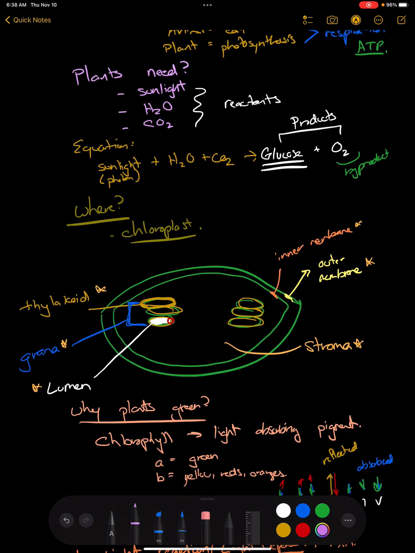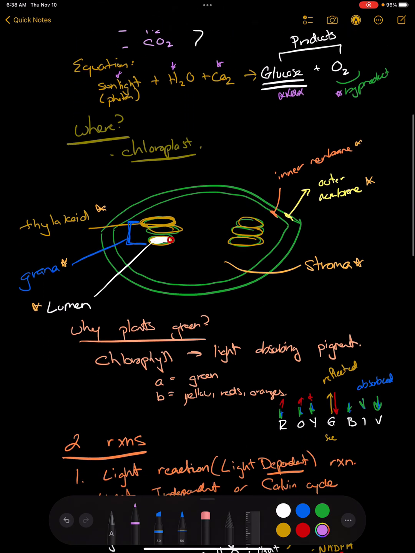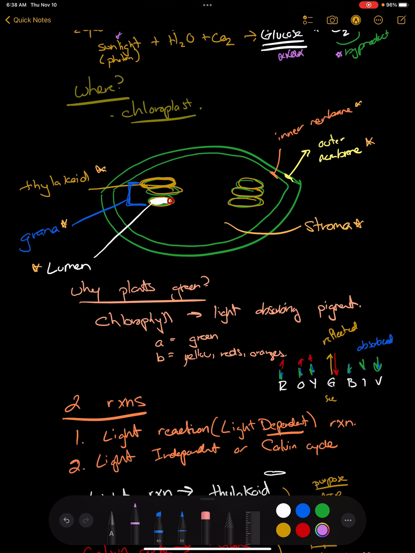I need sunlight and water and CO2. I'm going to make glucose, which is what I want, and then oxygen is a byproduct. This all happens in the chloroplast. I have the thylakoids. I have a stack of them called a grana. I have the lumen on the inside, and then the rest of this space out here is called my stroma.